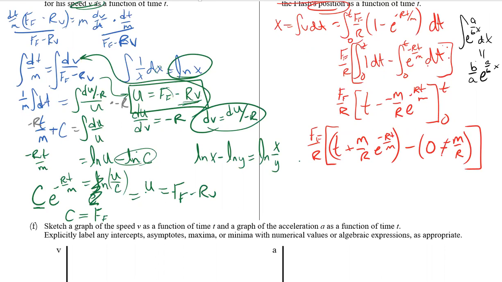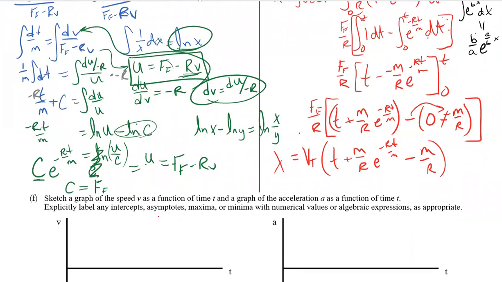So these two become positive, then that positive becomes negative, and I would have the terminal velocity times t plus m over r e to the negative rt over m minus m over r, and that is my equation for the position. So far, so good.